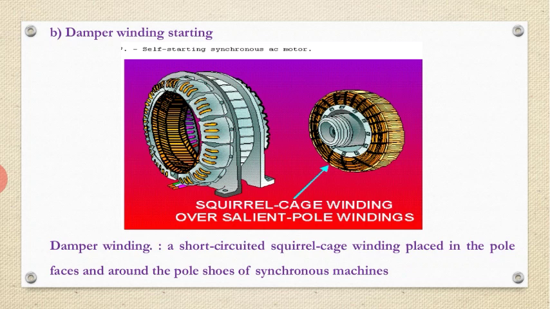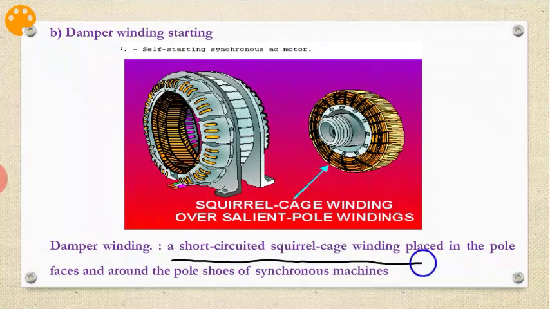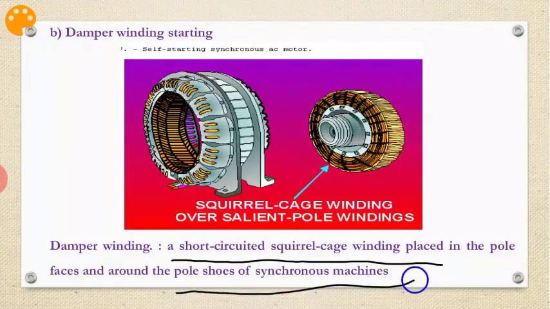Here I put one sentence: a short-circuited squirrel cage winding is placed in the pole faces and around the pole shoe of the synchronous machine. The squirrel cage winding is wound over this.